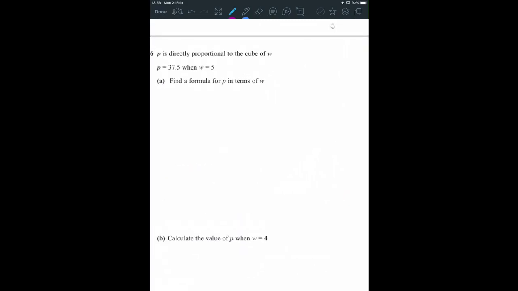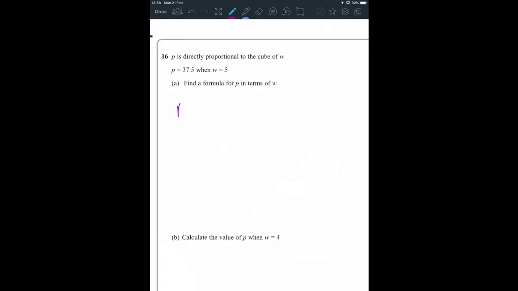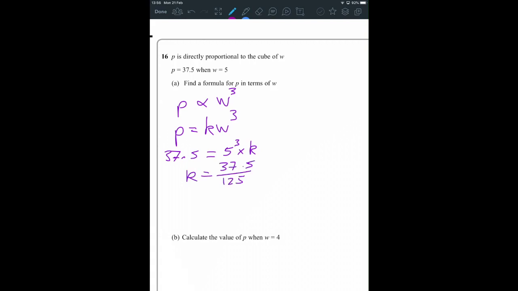Proportionality. P is directly proportional to the cube of W. P is proportional to W cubed. Proportional becomes equals K. We've got some values, so let's sub them in. I haven't even read what the question wants me to do, but these questions are all very, very similar every single time. So K is 337.5 over 125.